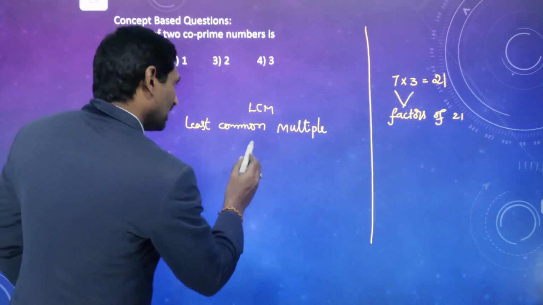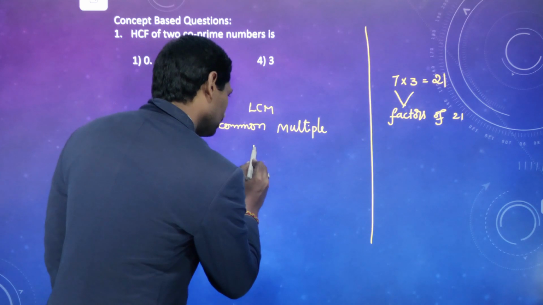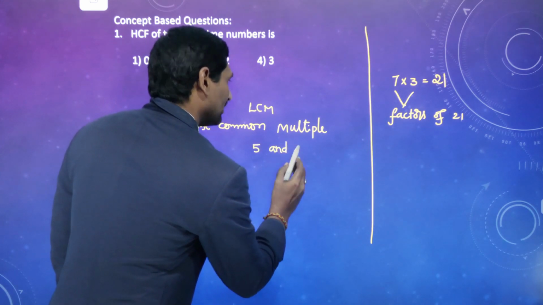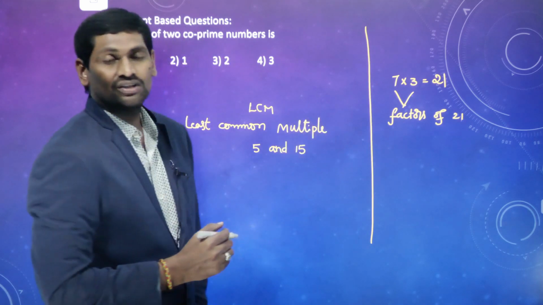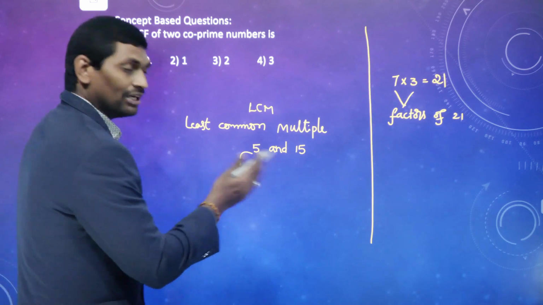For example, I'm taking the numbers 5 and 15. Looking at the different methods, first of all, I can write all the multiples of 5.